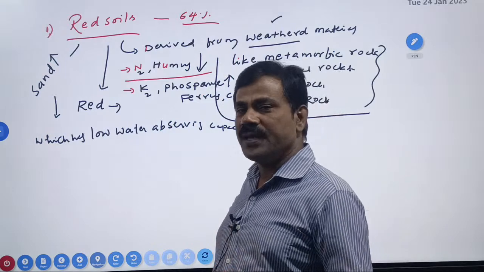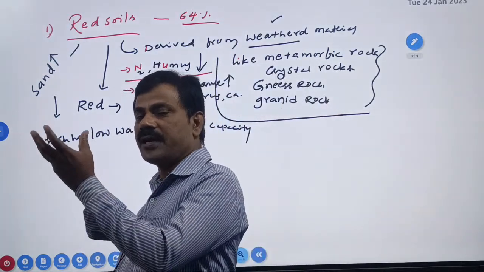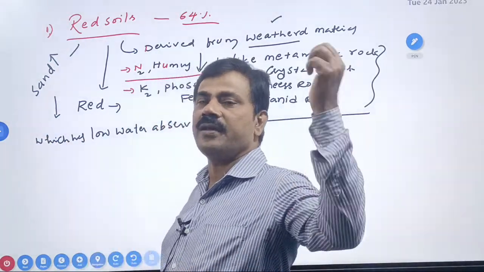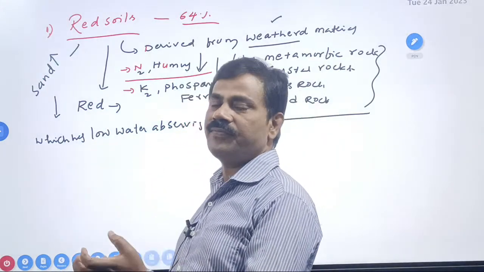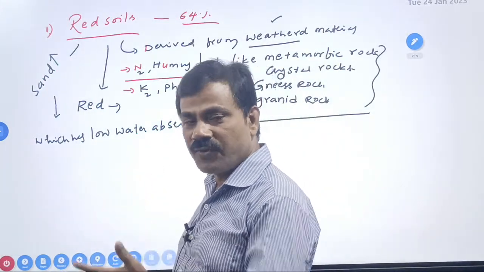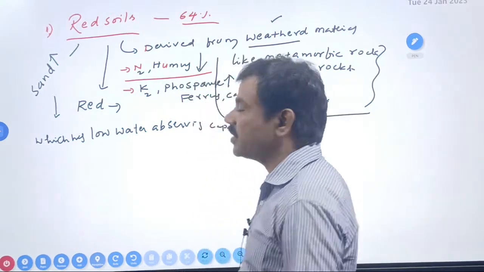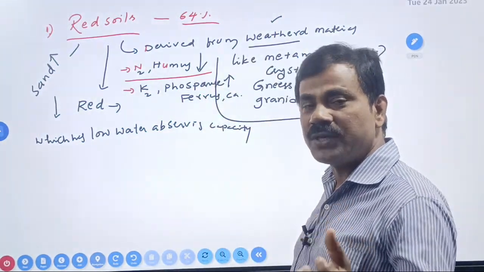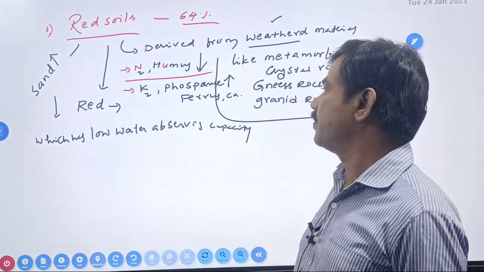Rainwater on the red soil flows downward under the sand because it has no water absorbing capacity.